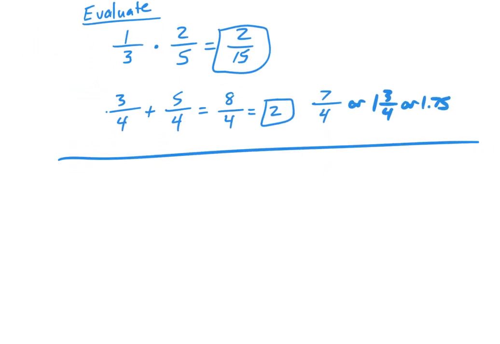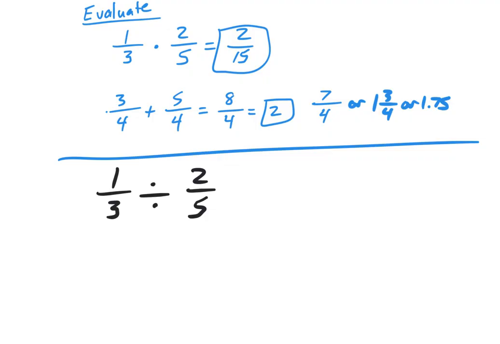All right, last one, and this one's a little bit different. One third divided by 2/5. This one's a little bit tricky. When we divide by a fraction, there's a rule that I'm guessing most of you have heard before.